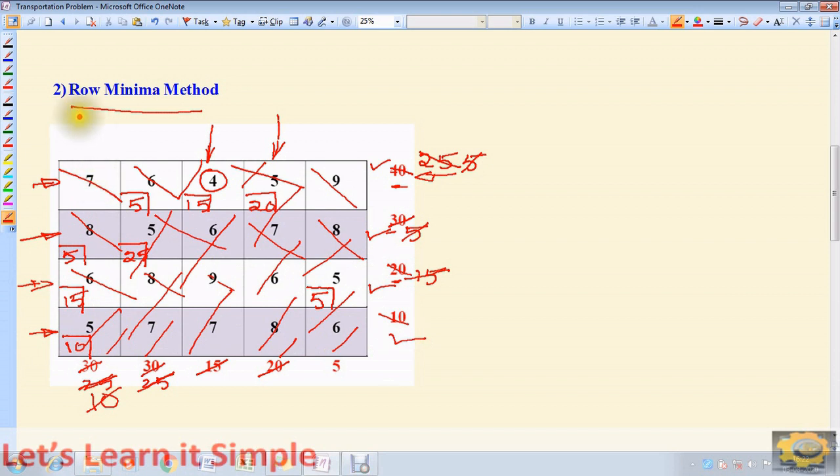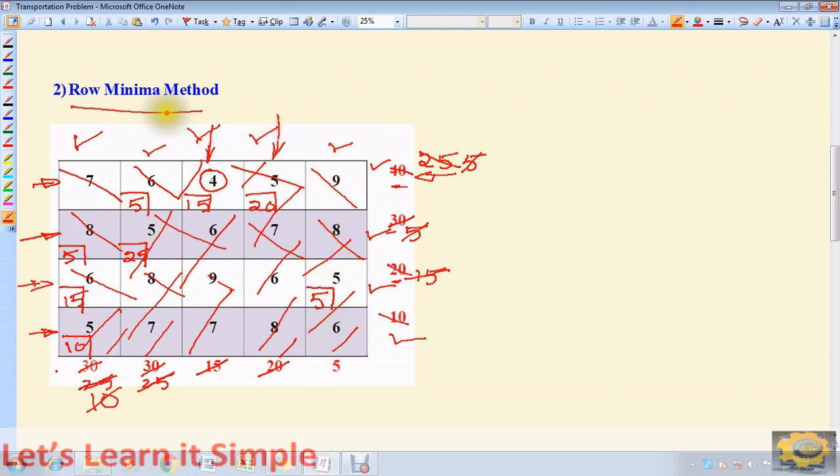Now we need to verify the columns. 5 plus 15, 20, plus 10, 30. Yes, done. In the second column, 5 plus 25, 30, originally it was 30. Correct. In the third column, 15. Yes, done. In the fourth column, 20. It was done. In the last column, 5.